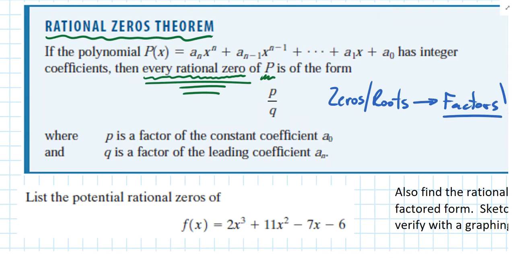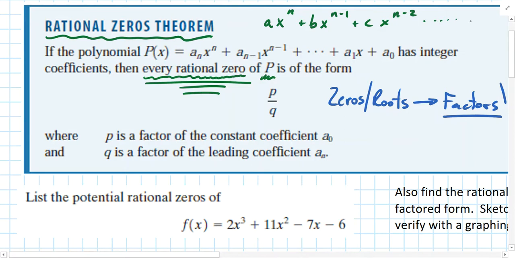The polynomial, we'll often use p of x instead of f of x for a polynomial, is in this particular form. Because we're running out of letters in the alphabet, we have a times x to the nth power plus b times x to the n minus 1 power plus c times x to the n minus 2 power, and so on, all the way down to the last component, z times x to the 0th power.